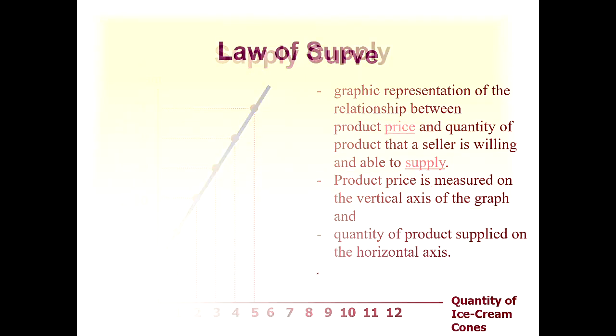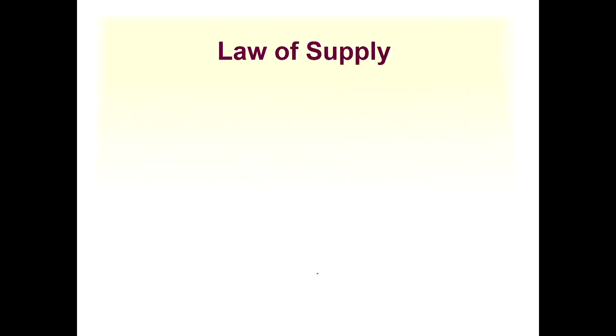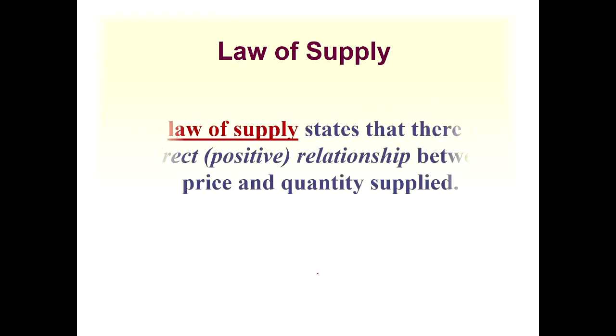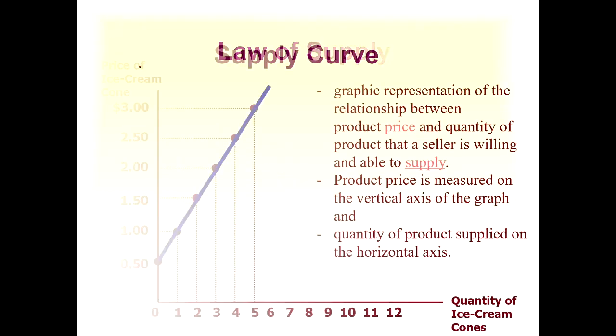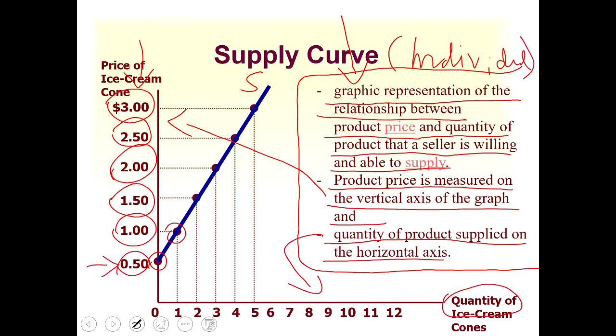Let's move on to the law of supply. The law of supply simply states that there is a direct or positive relationship between price and quantity supplied. So I'm going to move backward to the previous slide. As you can see, the slope is going upward.